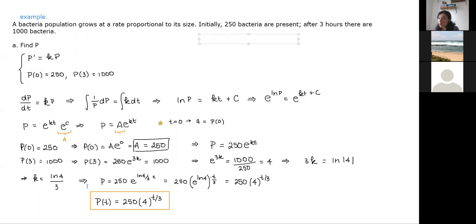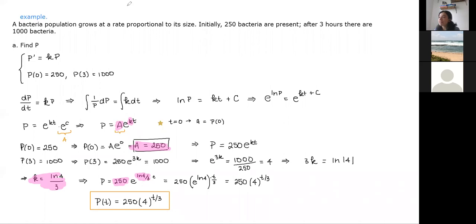So what I have now is I found the value for A over here, and the value for k, right? And all that we did now is, in the expression that I know gives me p, which is p equal to A times e to the kt, I replaced both of those things. So I have 250 over here and ln of 4 over 3.